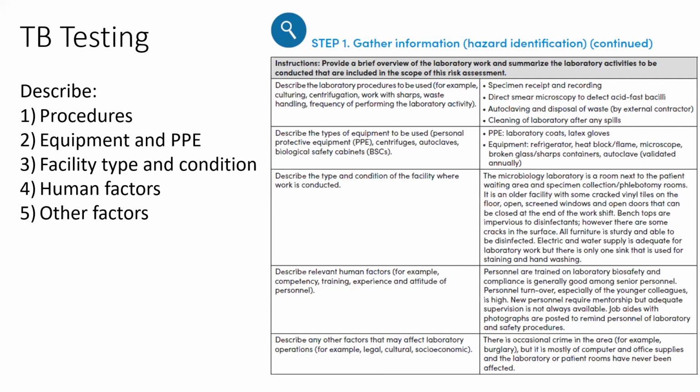The autoclaving is done in-house, and disposal of waste is by external contractor. Cleaning of the laboratory after any spills. Now onto equipment: PPE includes laboratory coats and latex gloves. And then they list the equipment they have here in the lab.